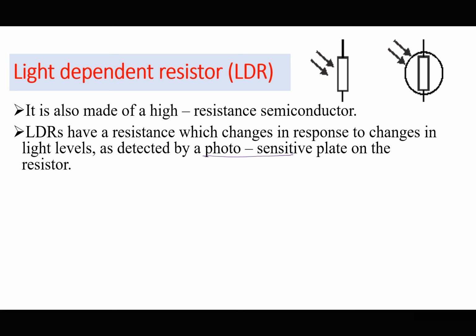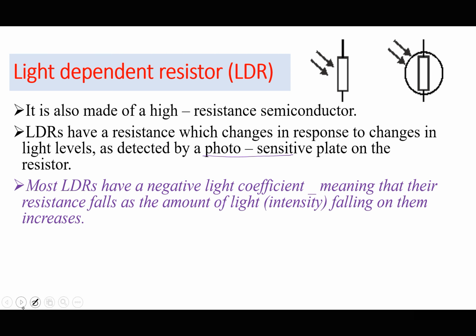You must be having LDRs in the lab, so you should be able to shine some light onto them and see what happens if you connect them in a circuit. And most LDRs, just like thermistors, are negative light coefficient, meaning their resistance decreases as the light intensity falling on them increases.